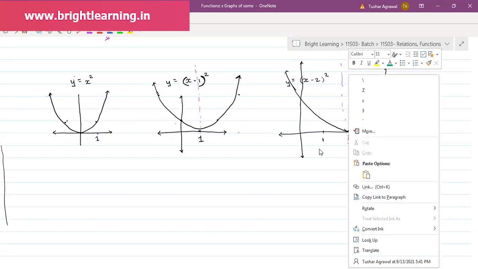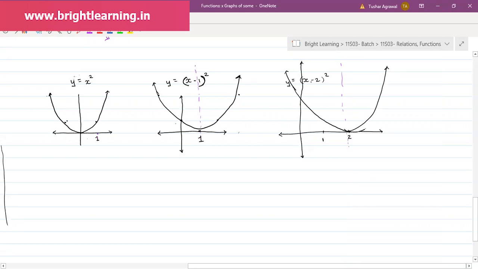For x equal to 1, the bracket is minus 1, so minus 1 complete square, y is 1. For x equal to 0, this point is 0, comma 4. For x equal to 3, it will be 1, and for x equal to 4, it will be 4.